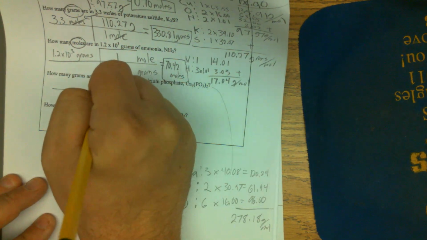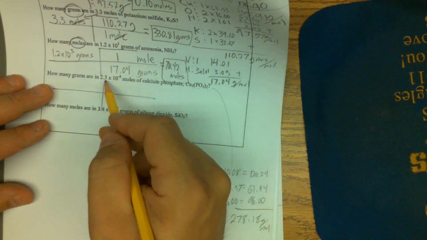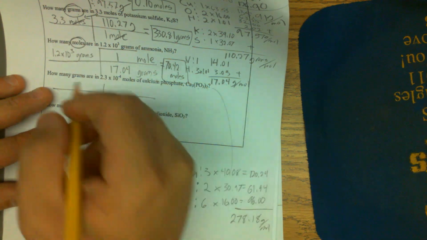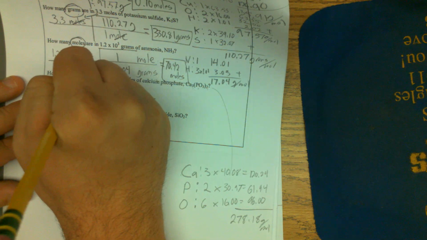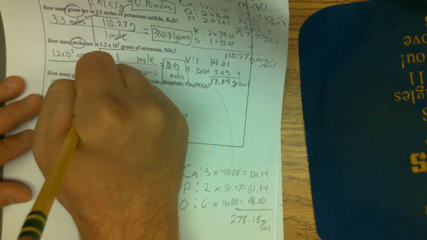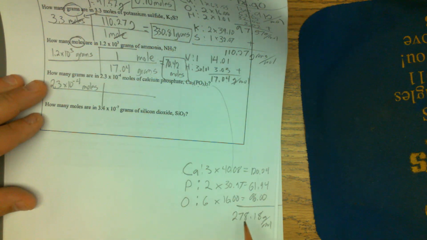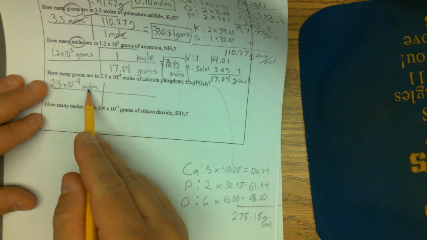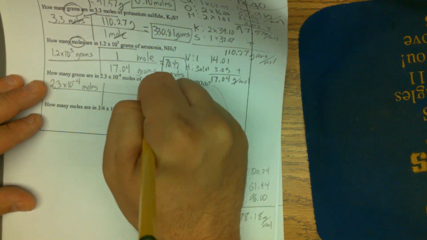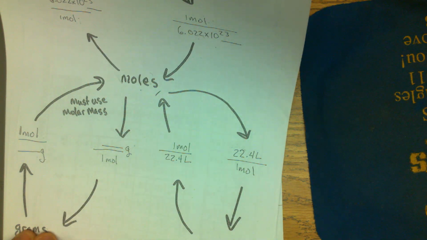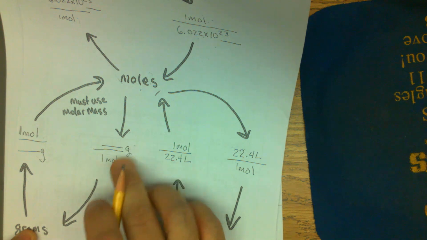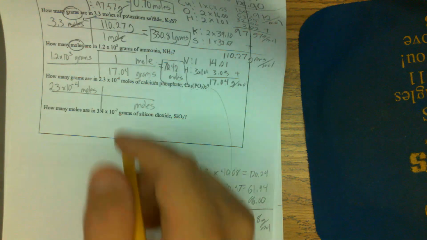So let's look at what we have here. We have 2.3 times 10 to the negative 4 moles. So to solve for this one, we have moles here. We want moles on the bottom. We're going from moles to grams. So moles to grams, we use the molar mass on top, 1 mole on the bottom.